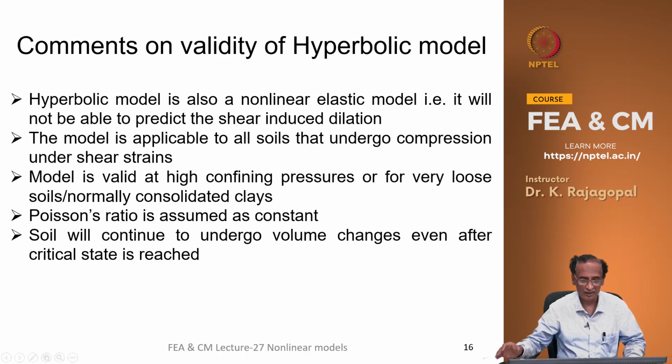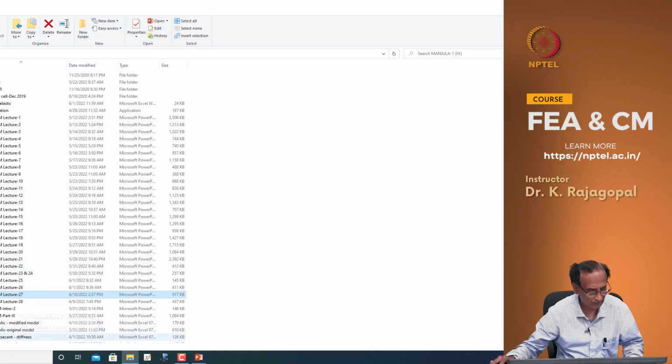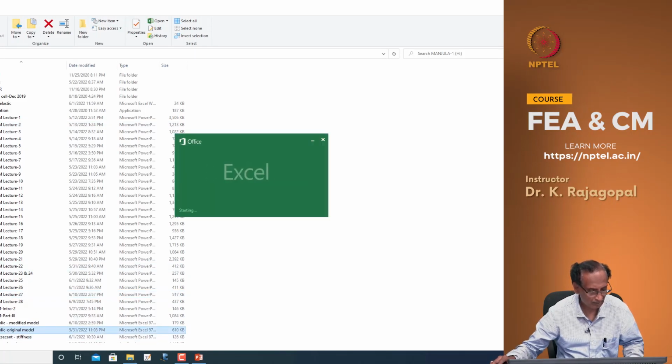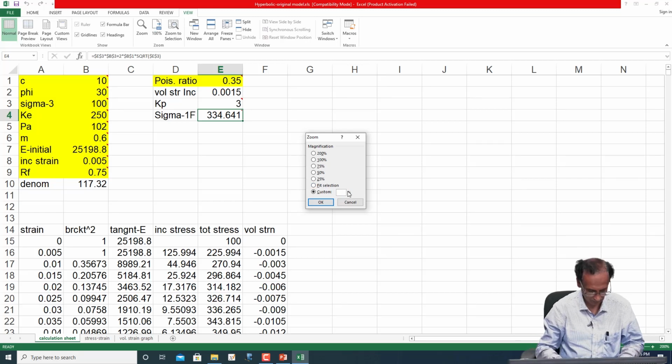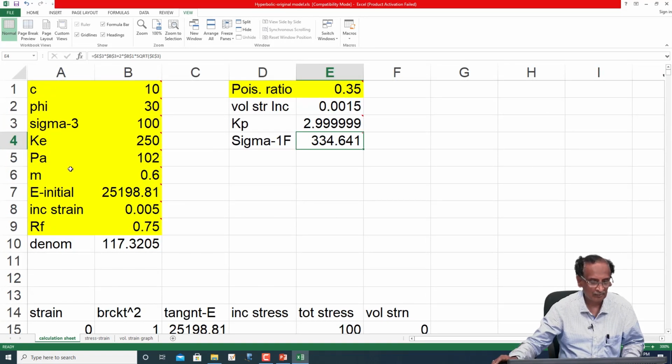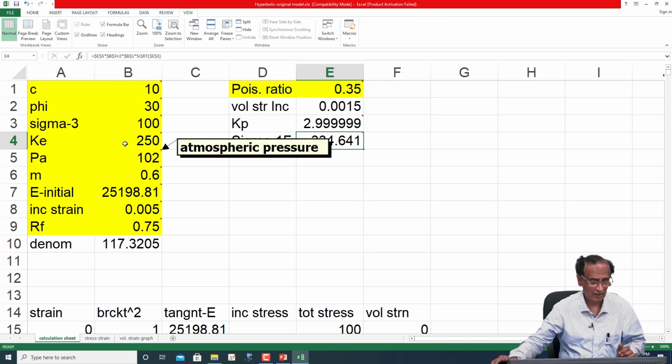And now let us look at our hyperbolic equation, and let me demonstrate through an Excel program. This is the hyperbolic original model. So, this program is a very simple Excel program that implements our hyperbolic model for determining the stress strain behavior of the soils.